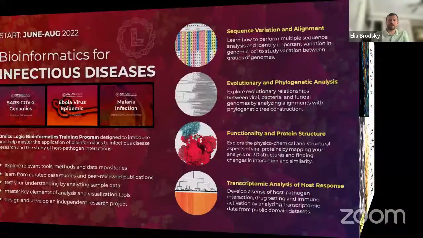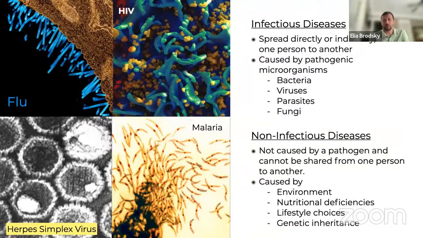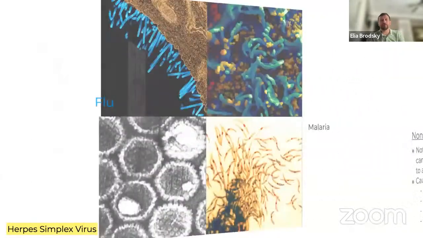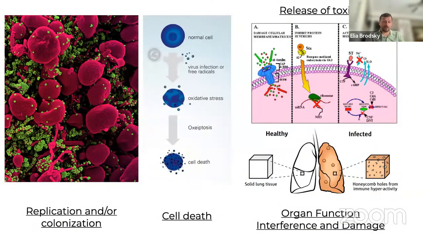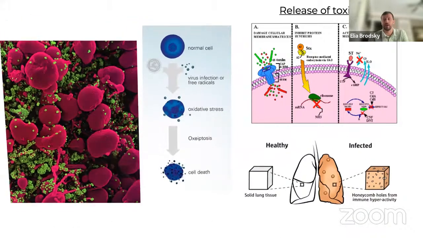So the beginning of the program will start by comparing and contrasting infectious diseases with non-infectious diseases. We will then talk about different pathogens, bacteria, viruses, parasites, and how they cause disease. What is it that we actually call infectious disease? How does it manifest? What are the specific things that we look at? And how can we analyze those with different types of molecular indicators?